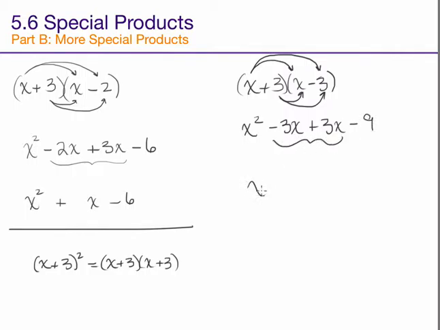Combining like terms, I get x squared plus 0x minus 9. The negative 3x's and the positive 3x's, when you add them together, that's what combining like terms is, add up to 0. I have no x's. So actually I can rewrite this one more time as x squared minus 9.